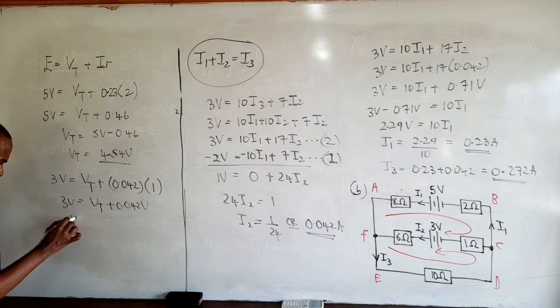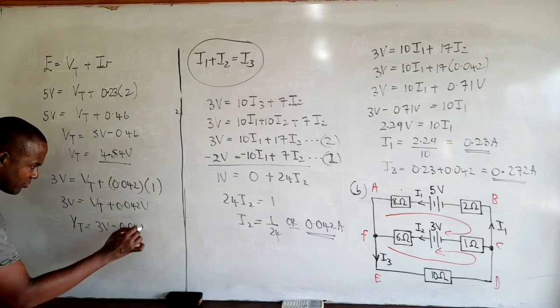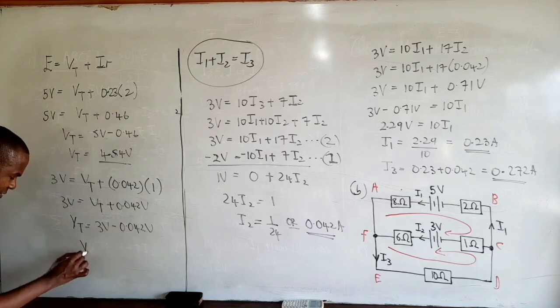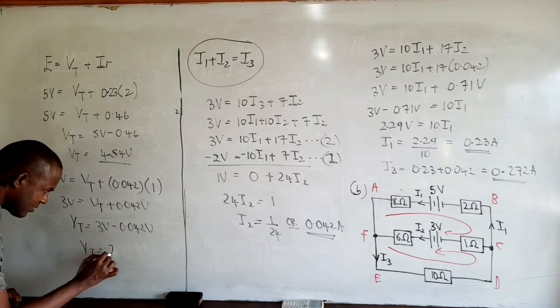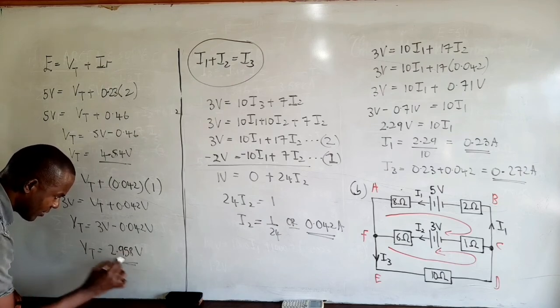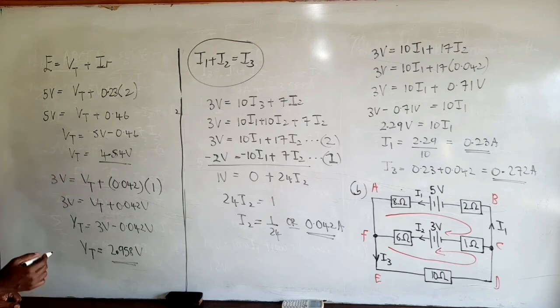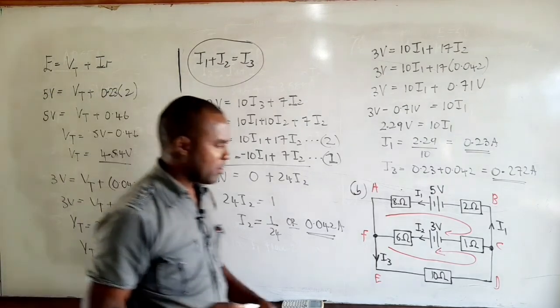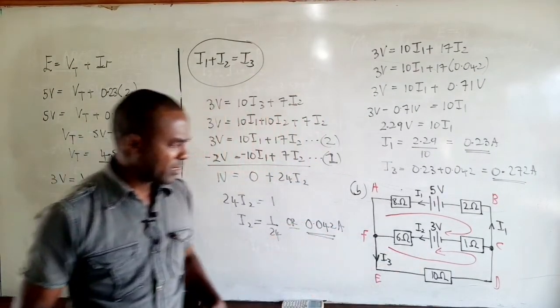And so VT is equal to 3 volts minus 0.042, and therefore VT is equal to 2.958 volts. So we see that there's no significant reduction in the EMF due to this internal resistance being only 1 ohm and due to it having only a relatively small current flowing through it.